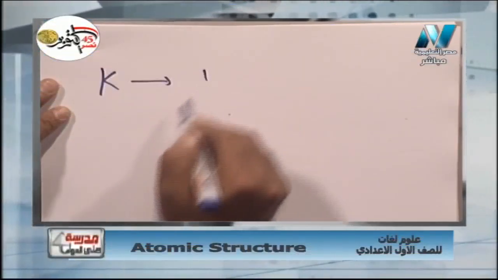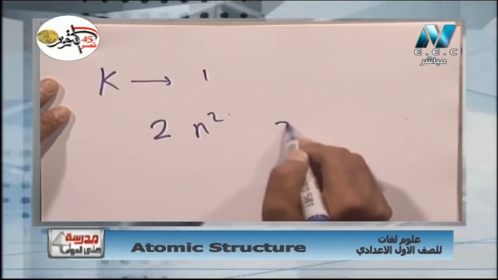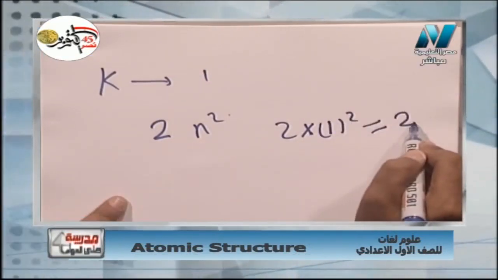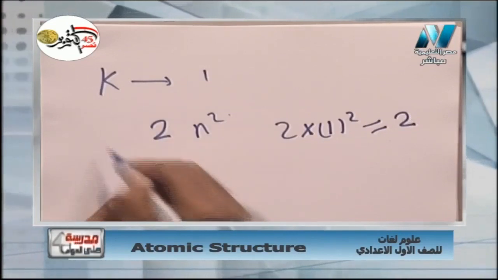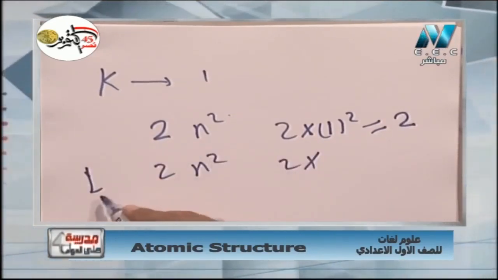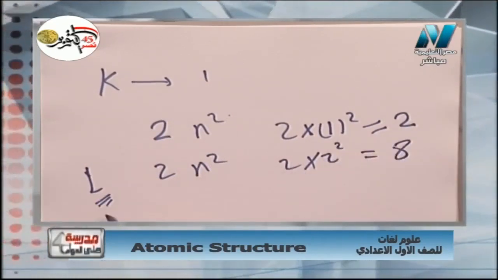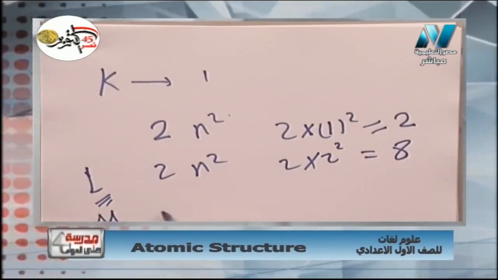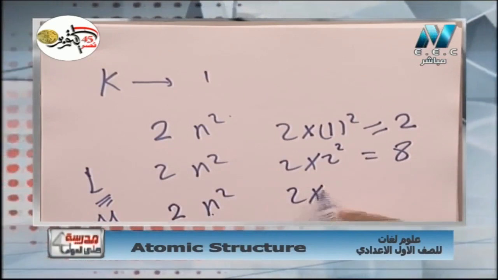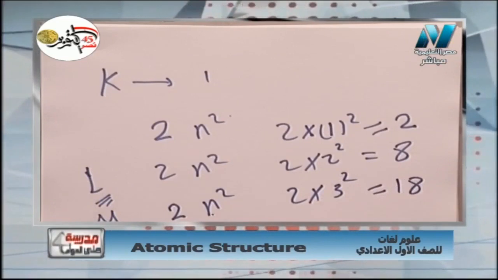K is number 1, so it is controlled by the relation 2n squared. 2 times 1 squared, so it will be 2. And so on. For L, 2n squared, L is number 2, 2 squared is 4, times 2, it will be 8. And M is number 3, controlled by 2n squared, 2 times 3 squared, it will be 18, and so on.